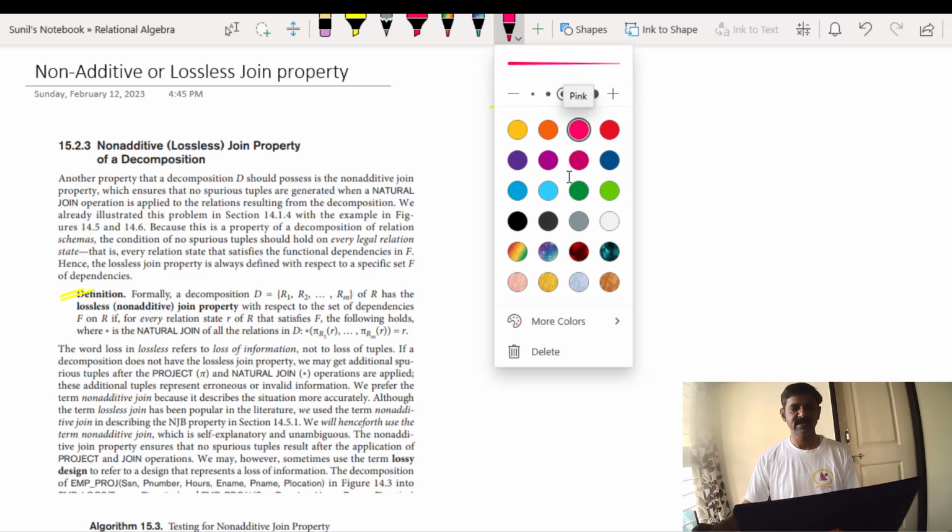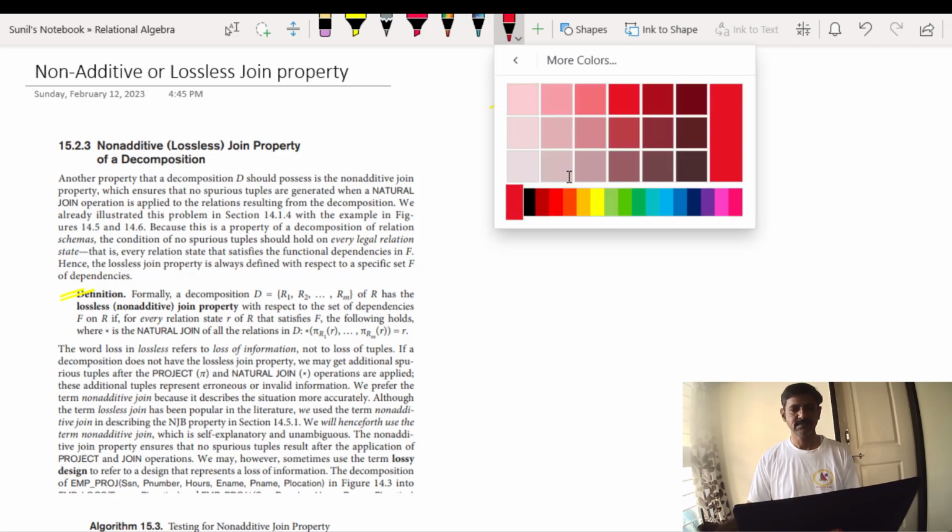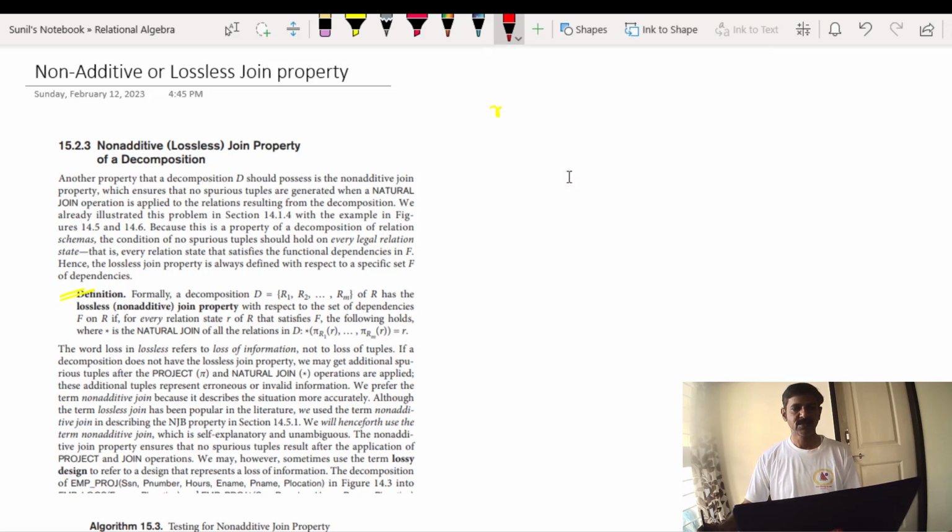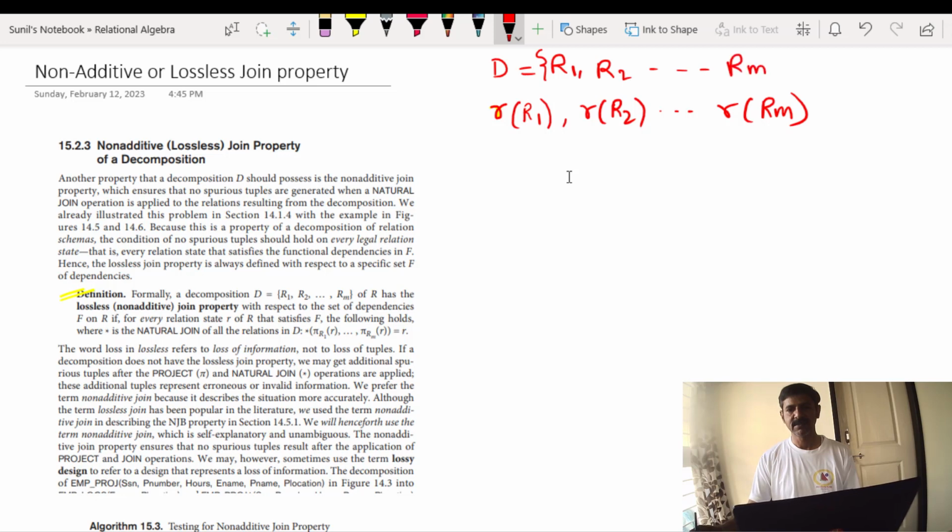Let us assume the states of individual relations are r(R1), r(R2), up to r(Rm). So the decomposition D comprises of m subrelations and their respective relation states are r(R1) and so on.